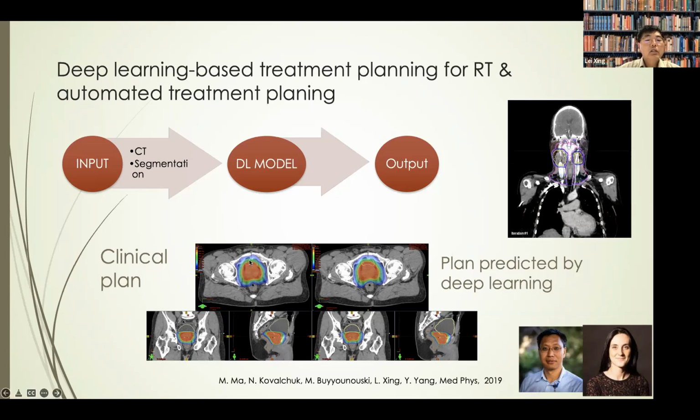Because they are conflicting, you have a lot of conflicting goals, right? That's why it's hard to come up with a decent treatment plan that really gives you the optimal solution.